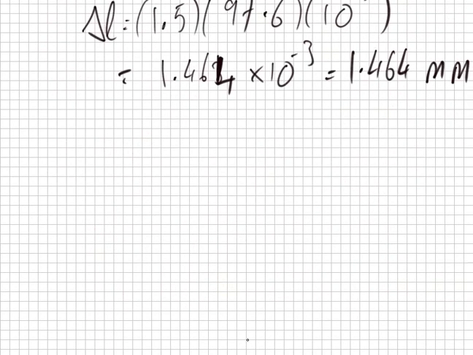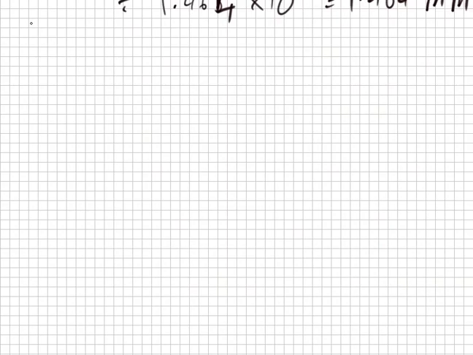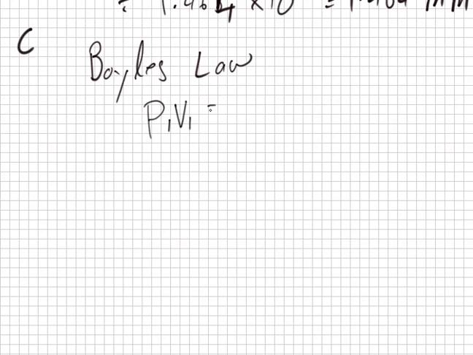All right, part C now. So, first part is state Boyle's law. What's Boyle's law? Do you do this one in chemistry as well? Boyle's law. V1 P1 equals V2 P2.